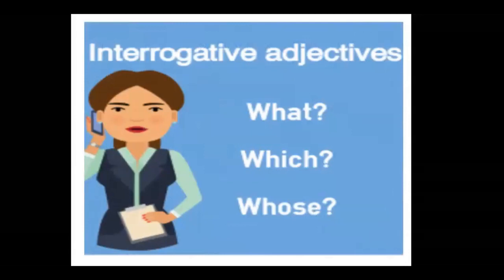These are the commonly used interrogative adjectives: what, which, whose. The other WH type of words are also used, but these are the commonly used interrogative adjectives. Let's move on to our next type of adjective.